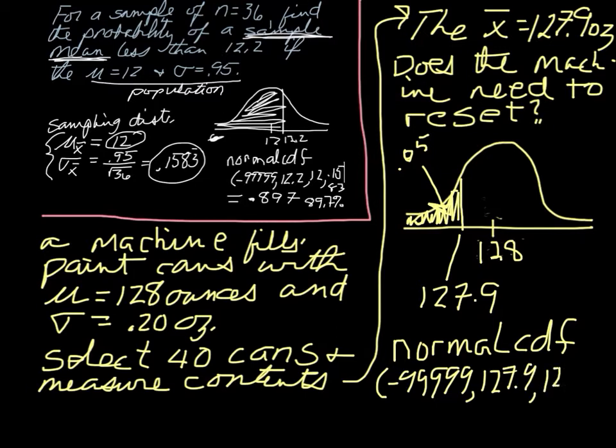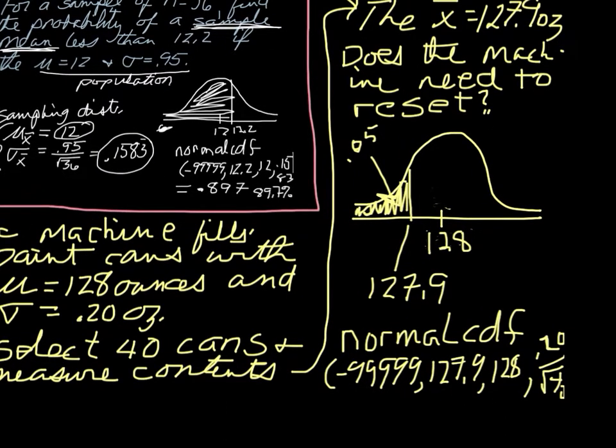The mean is 128, the mean of the population. What's the standard deviation? Well, it's the standard deviation of the population, which is 0.20, and then just divide that by the square root of 40, which was the sample size. And you can put that into the calculator, and that will work just fine, and you'll be able to get the solution you want.